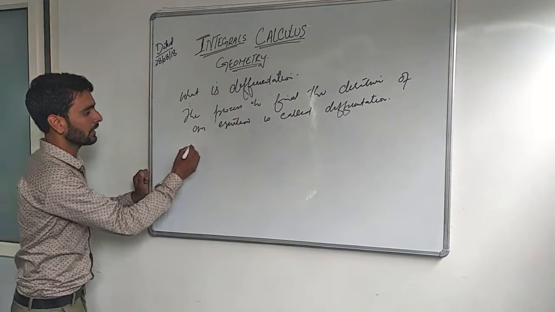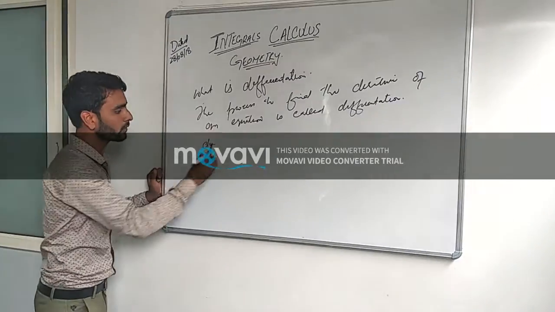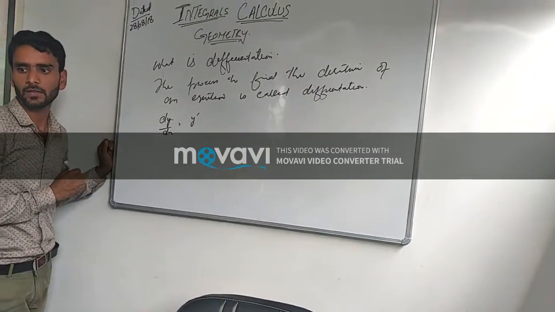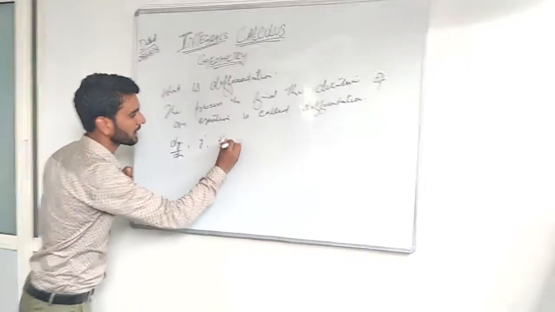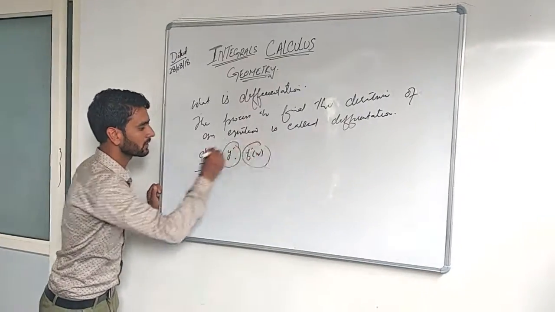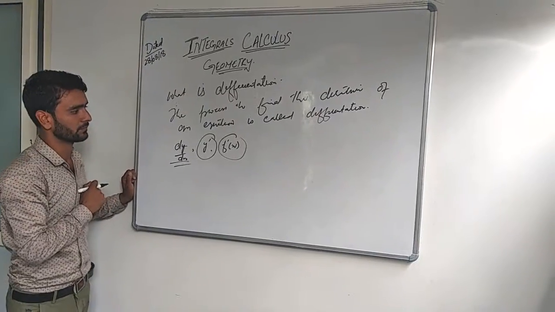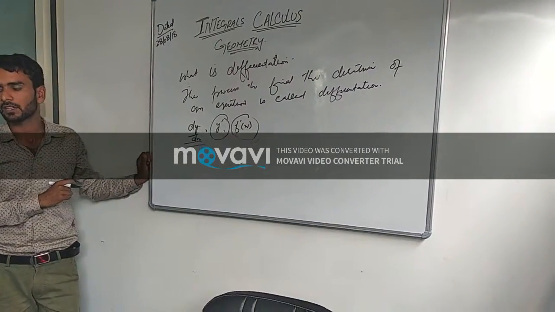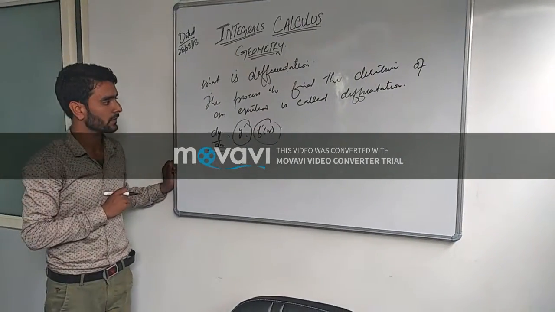These symbols are like dy by dx, or we can use y dash, or we can use f dash x. These are the symbols that we use when we are differentiating an equation. All three symbols can be used as differentiation symbols.